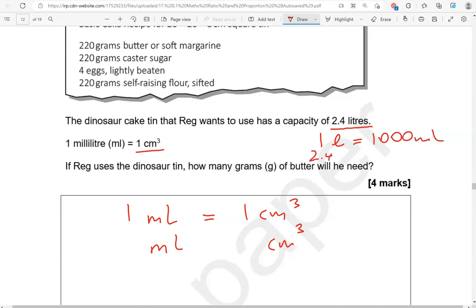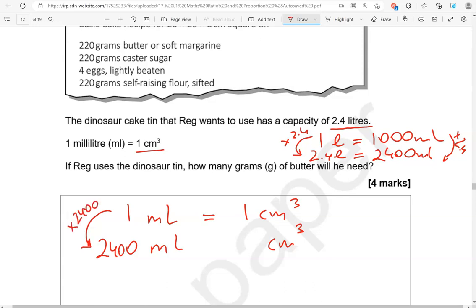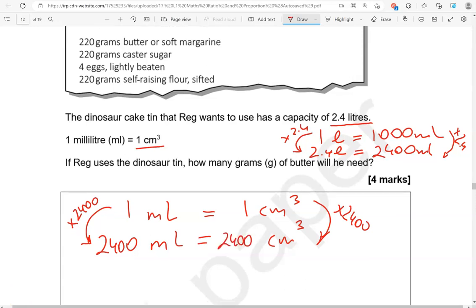In 2.4 litres that will be 1000 times 2.4, which is 2400 milliliters. So to get from 1 to 2400, we multiply by 2400. So we'll do the same on the other side, and that gives us 2400 cubic centimeters.